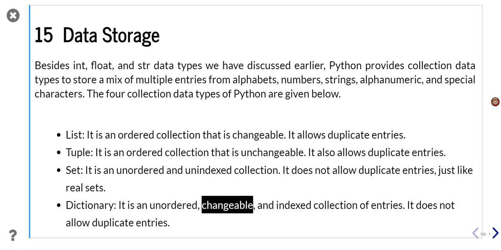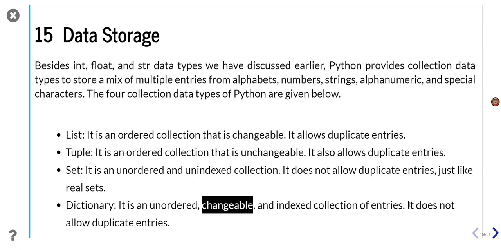It is changeable, yes, you can change the content, but it has indexed collection of entries. Later we will see, because you may think I just said you can't use an index, but now it mentions indexed collection of entries. A dictionary can have multiple entries. Inside a dictionary you can have a set, a list and things like that, and that list can have an indexed collection of entries.